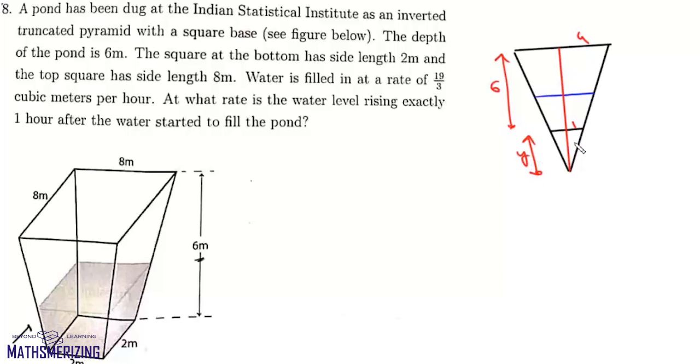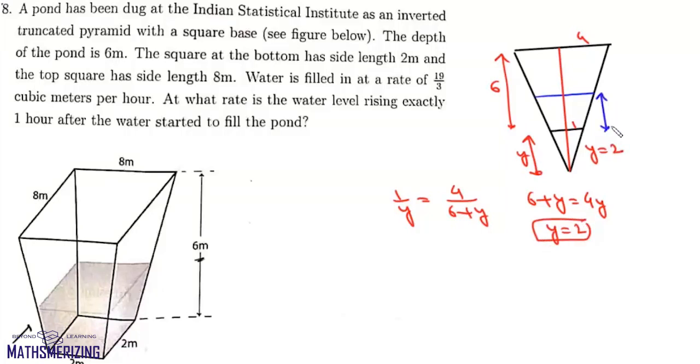Now we write tan theta for this small triangle: 1 upon y, equal to tan theta of this larger triangle, which is 4 upon 6 plus y. So from here we can write 6 plus y equals 4y, that is, the value of y is 2. So in this case this length is 2.